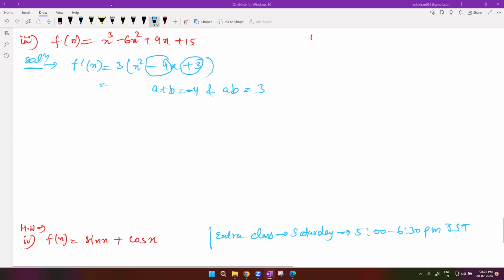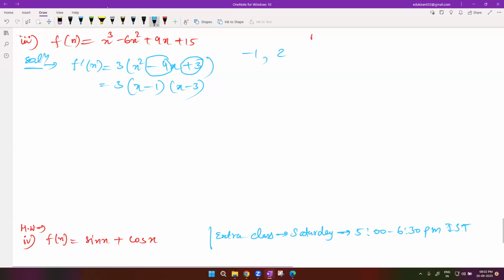As soon as you get these two numbers, you can directly factorize this. How? Just write these numbers with x: x minus 1 and x minus 3. If these numbers had been minus 1 and 2, then I would have written x minus 1, x plus 2. Simple. These are the direct factors.